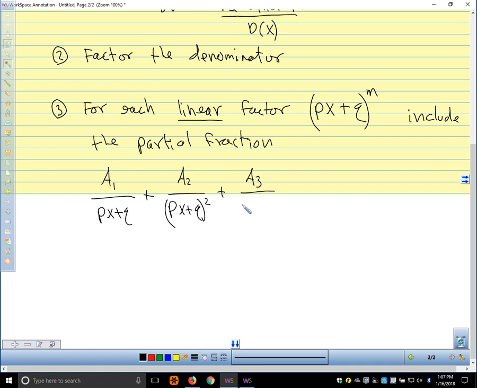A3 is just a number, px plus q to the third, and we keep going until we get to our exponent of m. So we include every possible power of px plus q. And then our goal is going to be to figure out what a1, a2, a3, dot, dot, dot have to be in order for this to work out.